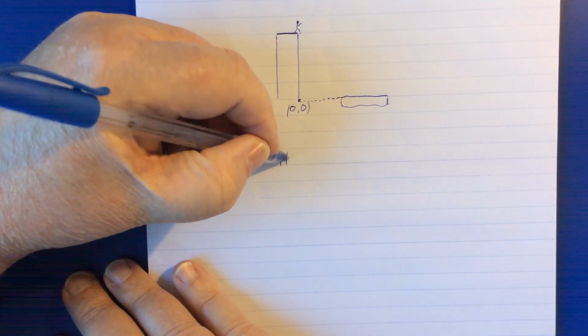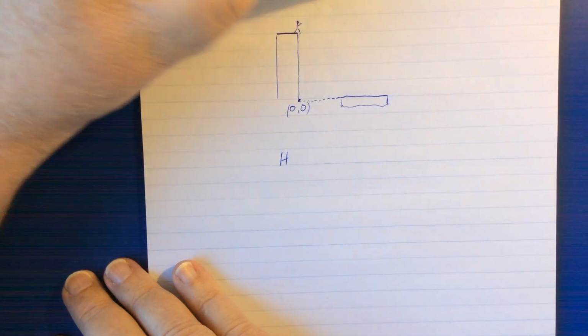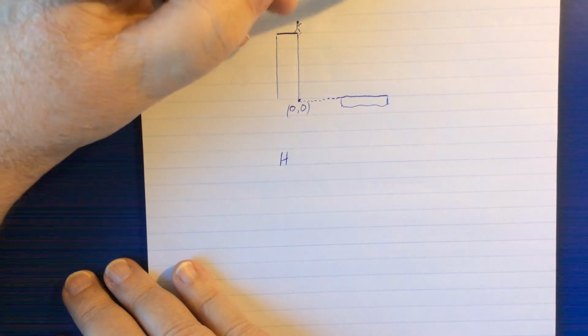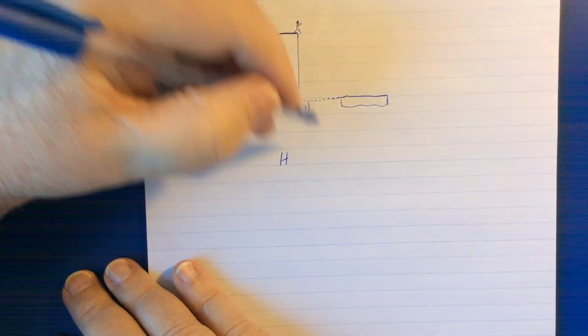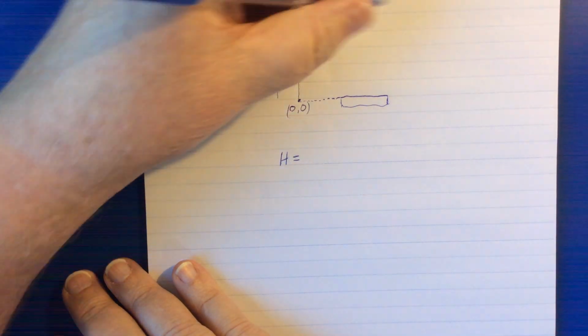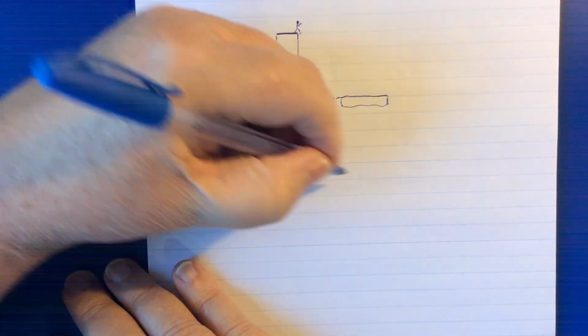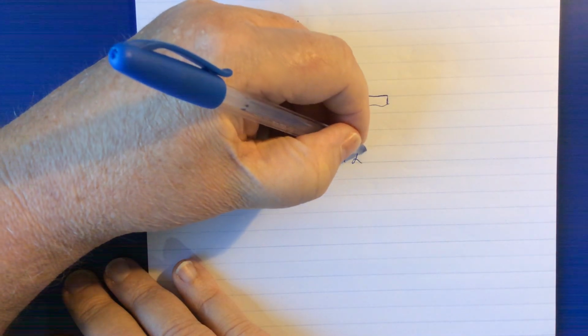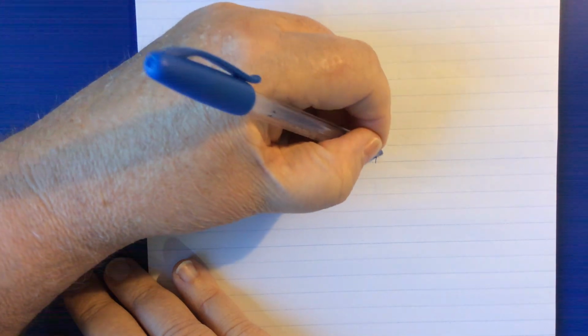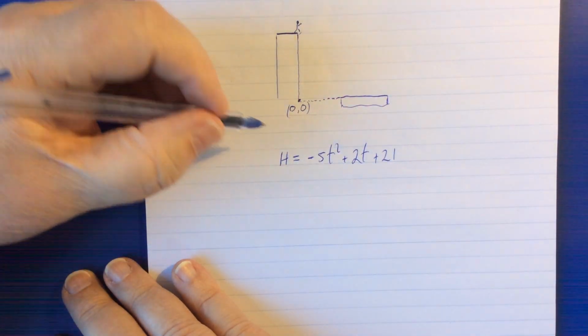Well, let's stick with the way in which this is written, with t for time and h for height. But I'm going to rearrange the equation slightly. It is negative 5t squared plus 2t plus 21.